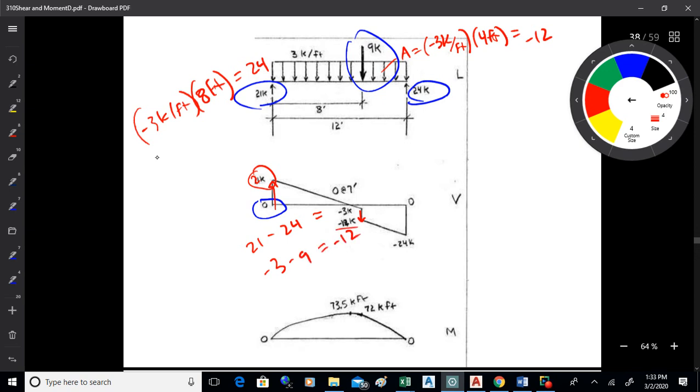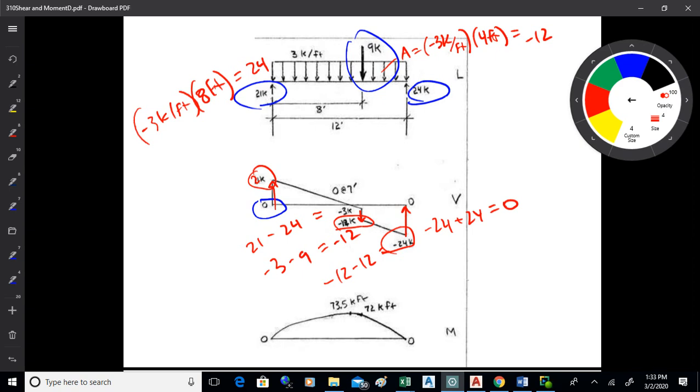That's where that value comes from. Then I'm at negative 12 and I drop by the area, so that's 12 more, so I end up at negative 24, and then that reaction takes me back up to 0. These things should always close to 0. So negative 24 plus 24 is 0.